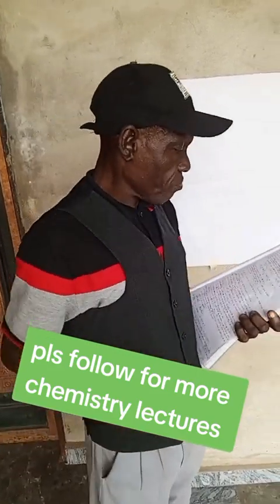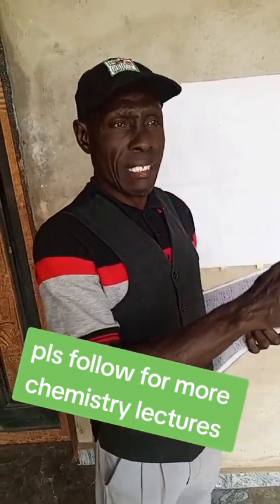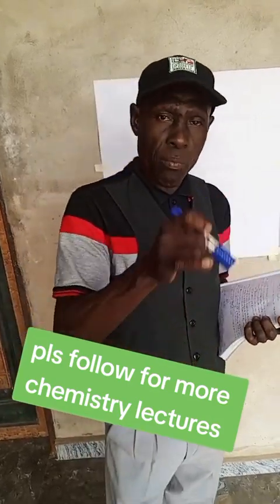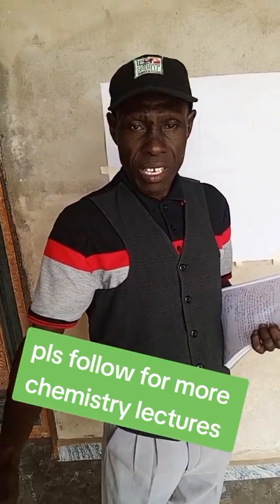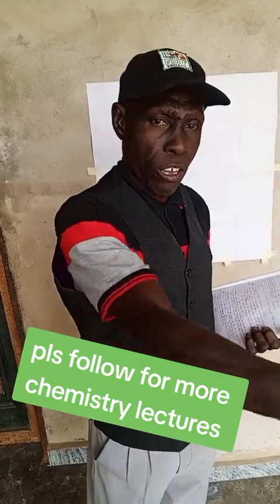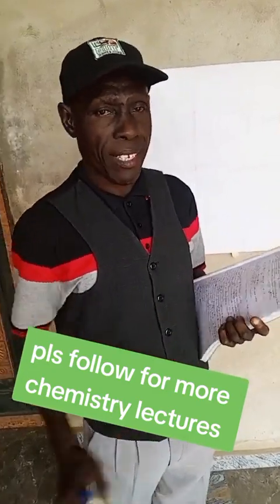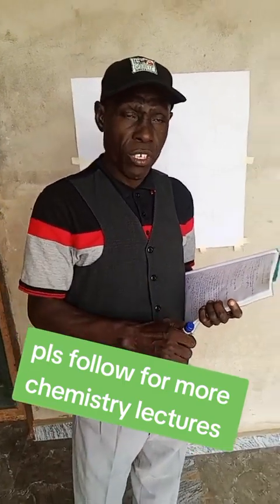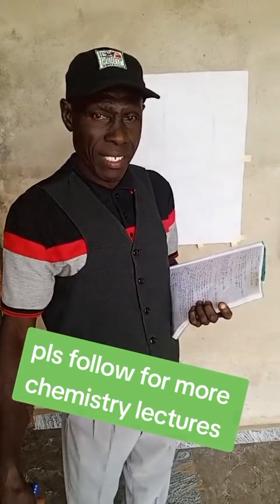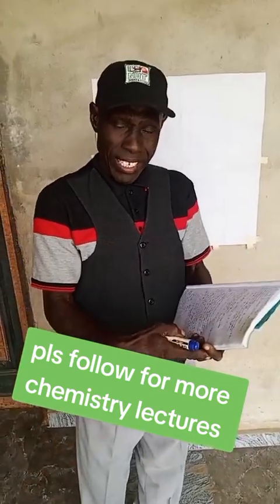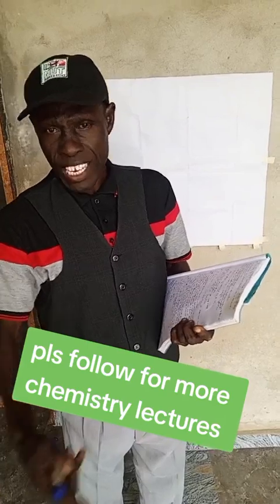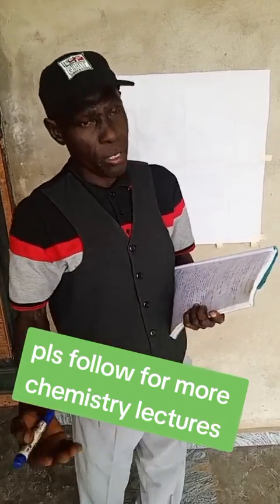Number one, when an equation is balanced, the first meaning is that two or more elements are reacting or combining to form a new product, a new chemical substance. In other words, two or more different types of atoms of elements are coming together chemically, combining to form a new product. That's the meaning of a balanced chemical equation.